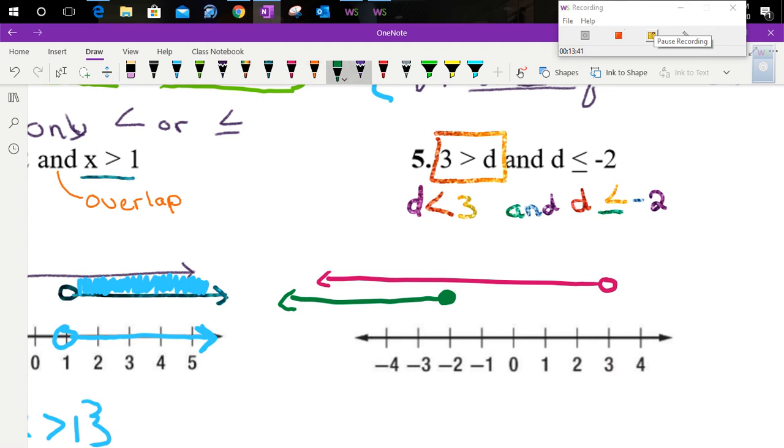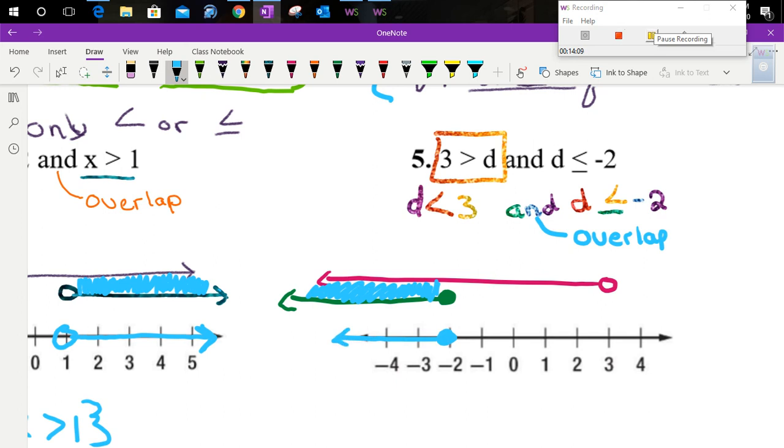Now, like I've been saying every time, since this has an and in it, our answer is where they overlap. So they begin to overlap right here, and they overlap going in this direction. So my answer is going to be a closed circle at -2, and my line going to the left.